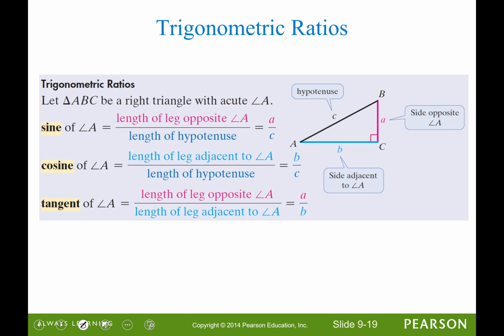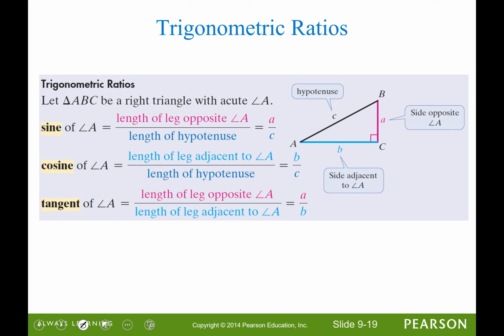All right, trigonometric ratios. Let triangle ABC be a right triangle with acute angle A. We need those conditions to be met: a right triangle and an acute angle A. Now we have our first equation. Sine of that angle A is equivalent to the length of the opposite leg over the length of the hypotenuse.